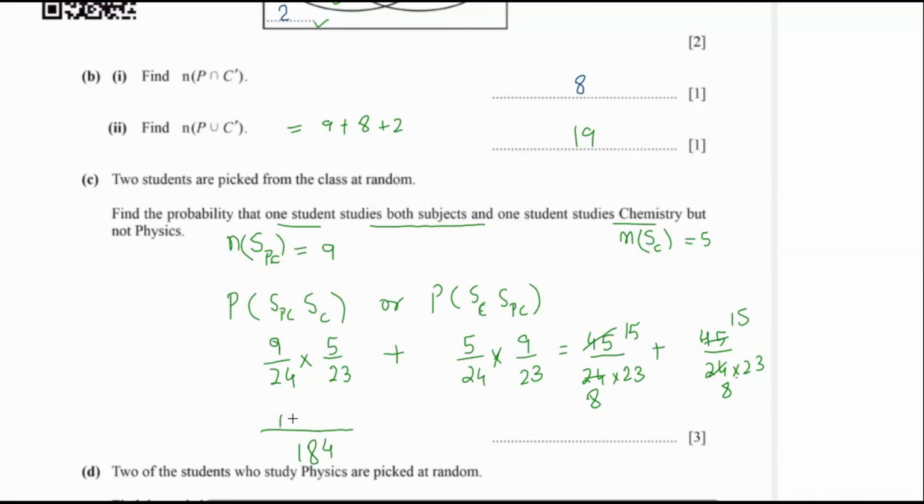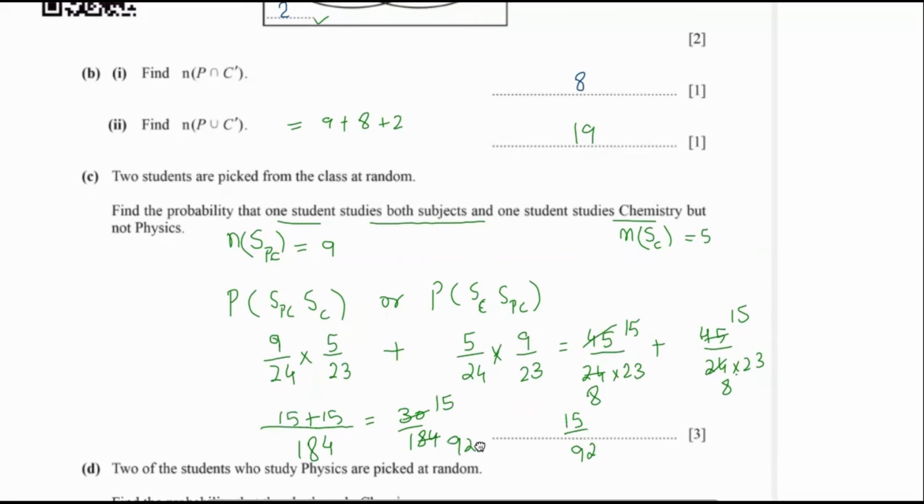We add the numerators, 15 plus 15, that value equals 30 over 184. When we divide by 2, we get 15 over 92. The 15 over 92 is the answer.